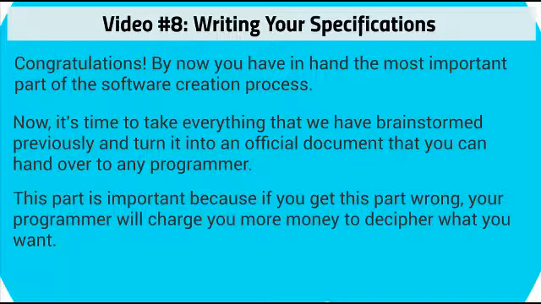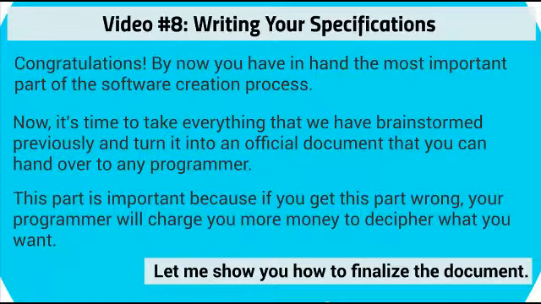Because if your programmer turns around and says, no, that's going to cost more money, or I can't do that because this is not what we talked about, it's going to cost more money and more time, and you're just going to have to go along with it if you don't have a written contract. So this is your contract, and I'm going to show you how to finalize the document.